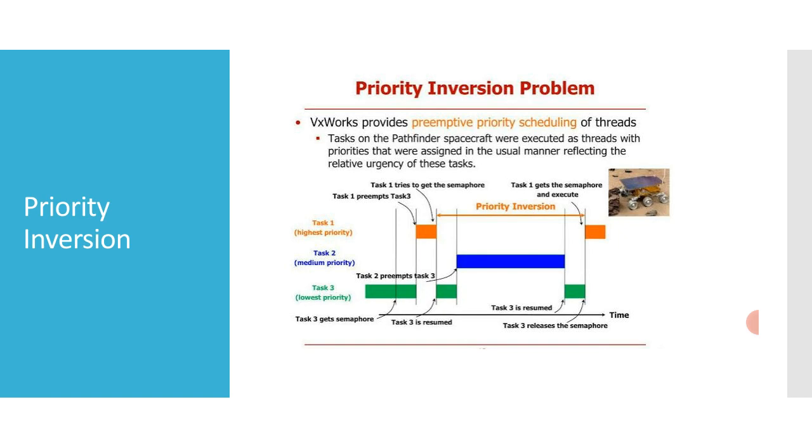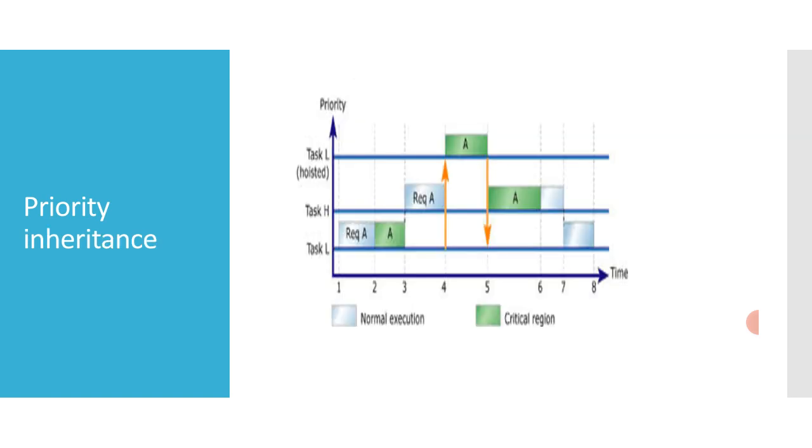The mutual exclusion semaphore has the option SEM_INVERSION_SAFE, all in capital letters, which enables a priority inheritance algorithm. The priority inheritance algorithm assures that the task that owns a resource executes at the priority of the highest priority task blocked on that resource.